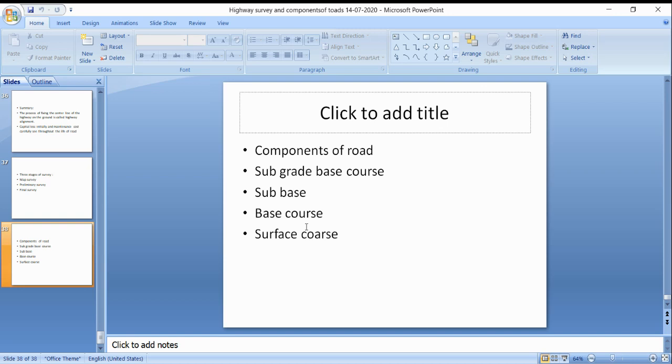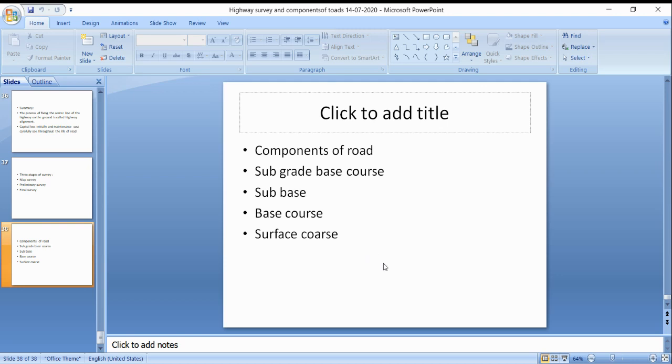And we have already seen the component parts, subgrade and subbase. The subgrade is the foundation; it should be strong, able to hold water, and its load carrying capacity should be high.